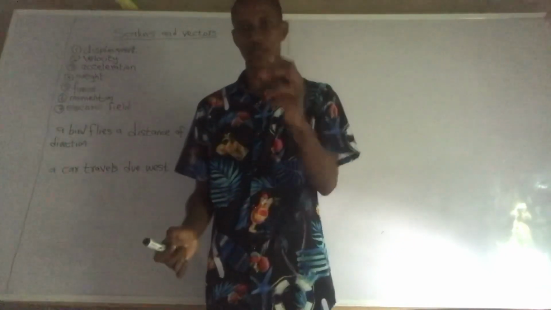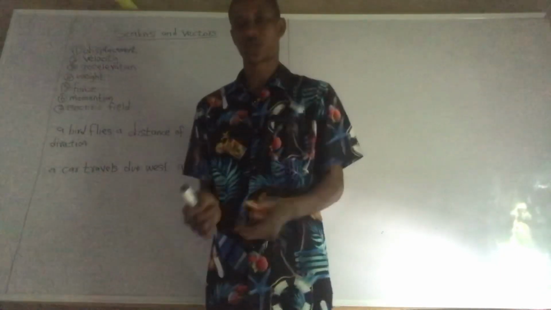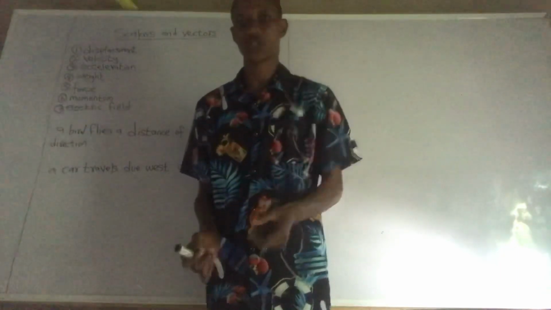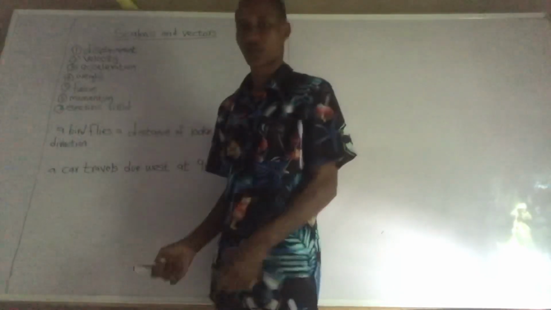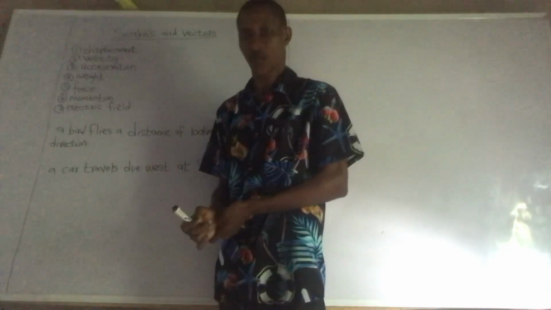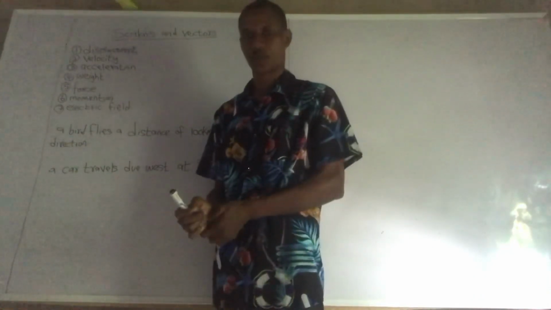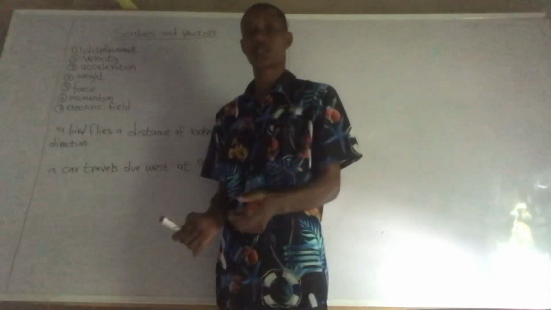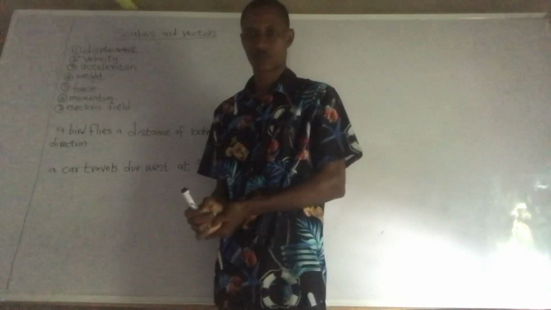Now we use two examples of vector quantities to buttress my point on what vector quantities are. I will use displacement and velocity to buttress my point. First, let's start with displacement. What is displacement? Displacement is distance measured in a specified direction.